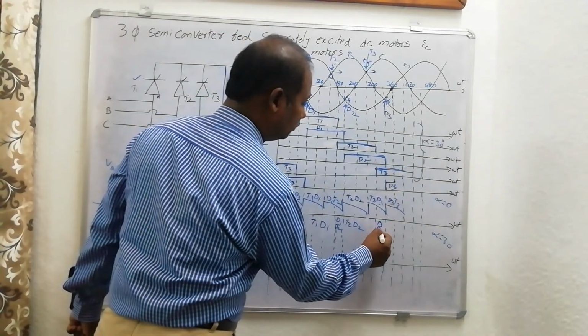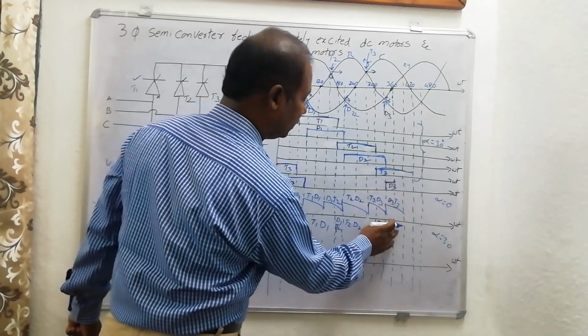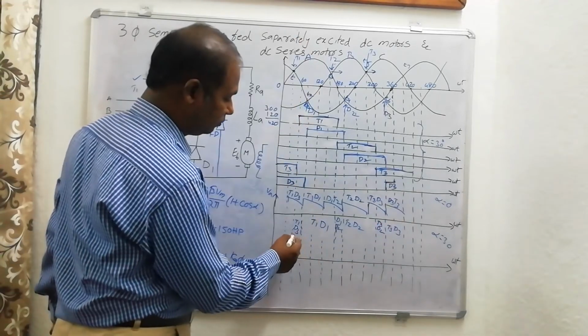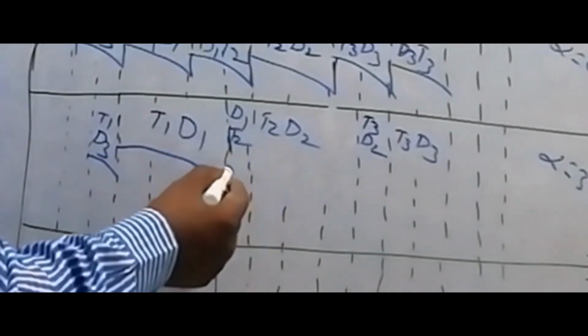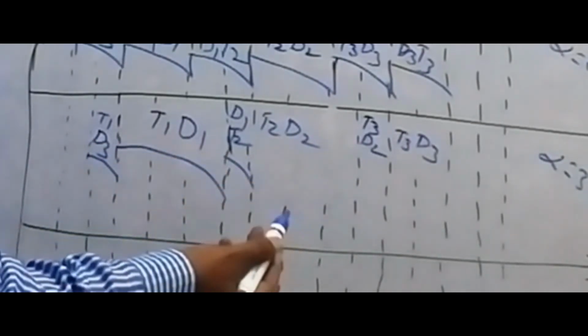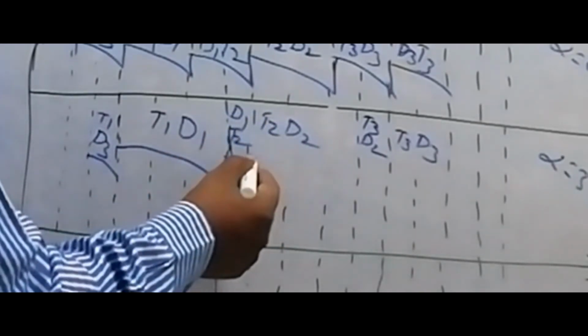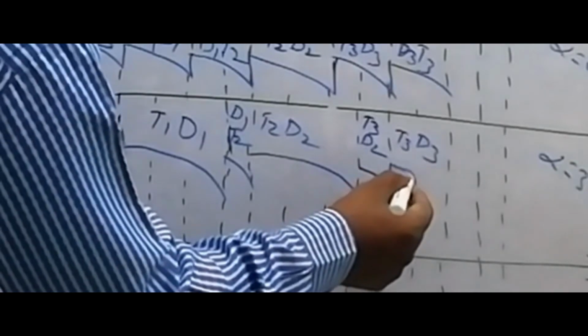Next, during this period, T3 and D3. Now draw the waveform. T1, D3, so that is the waveform. T1, D1, that is the waveform. Sorry, D1, T2, that is the waveform. T1 and D2, that is the waveform. T3, D2, that is the waveform. Similarly, T3, D3.